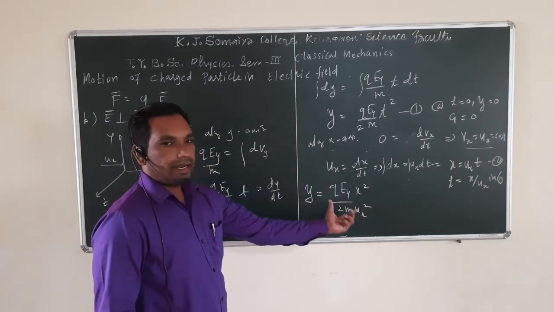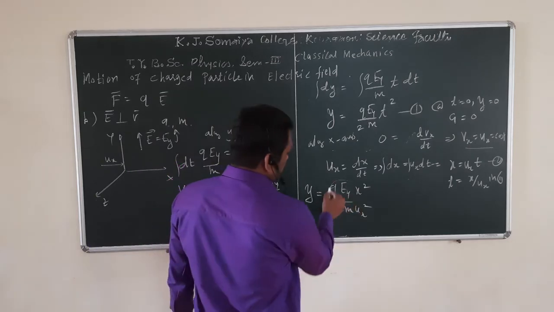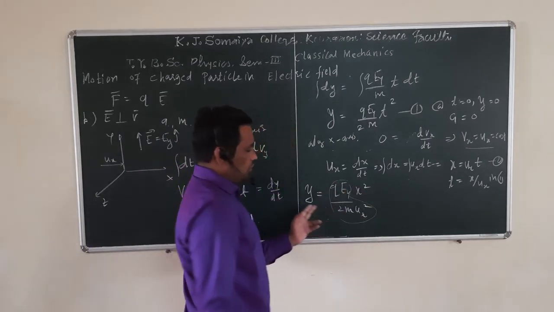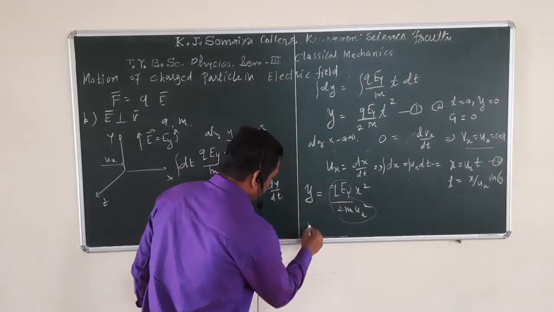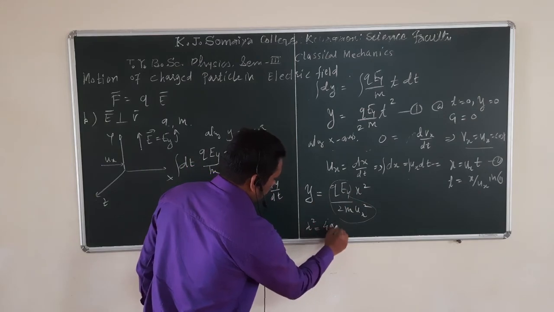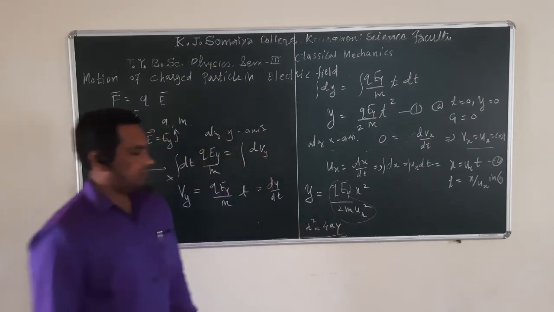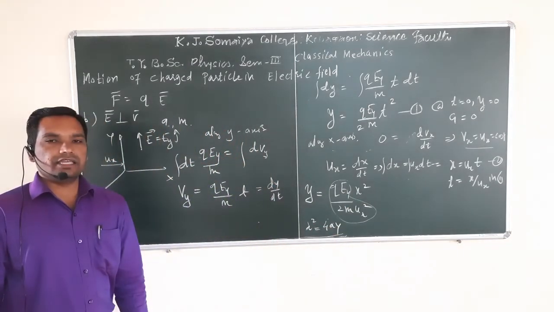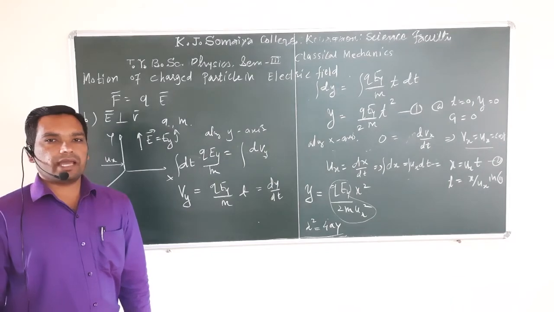If you rearrange this equation and take all these factors to this side, we can write this equation as x square is equal to 4ay. And this is nothing but the equation of a parabola.